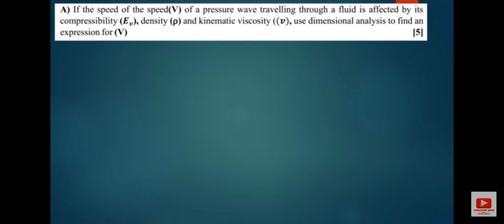The question is: if the speed of a pressure wave traveling through a fluid is affected by its compressibility, density, and kinematic viscosity, use dimensional analysis to find an expression for V. So in other words, what they're trying to ask us here is to find the formula for the speed of a pressure wave traveling through a fluid.